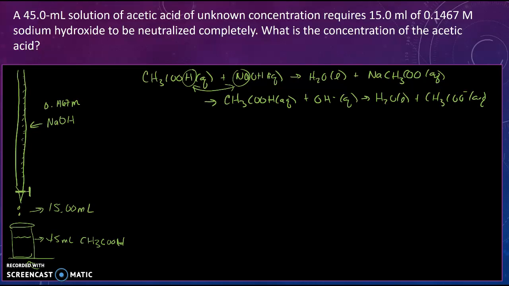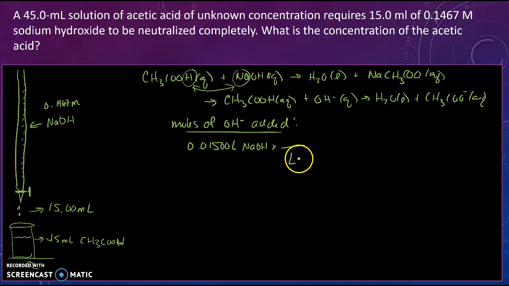So we have the stoichiometry now, and the logic behind this problem is we're going to find how many moles of hydroxide were added. To do that, we're going to use the volume that we added. So we're going to add 0.01500 liters of sodium hydroxide.